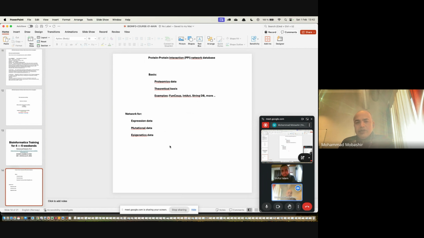So what you have to do now, the first step, will be the list of differentially expressed genes. Is it clear now?